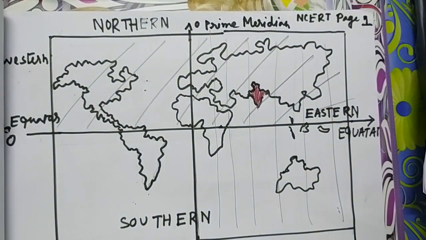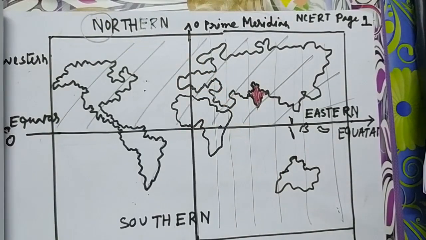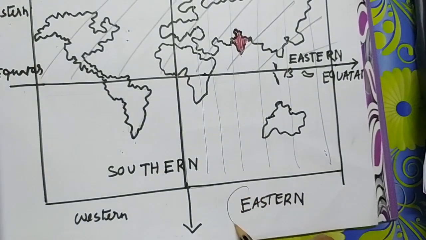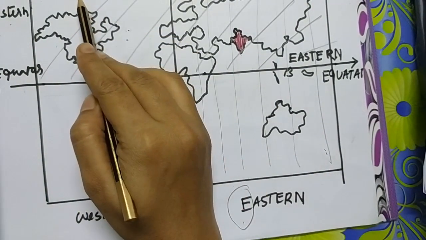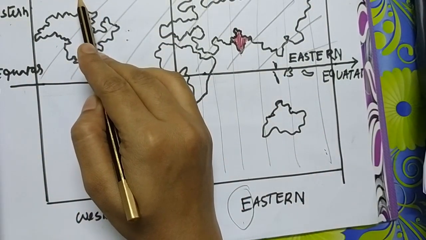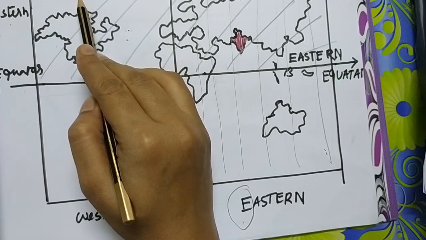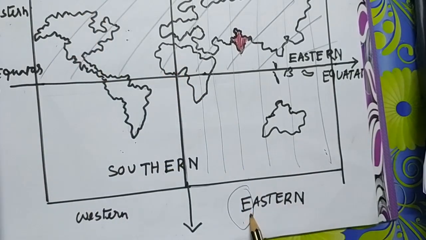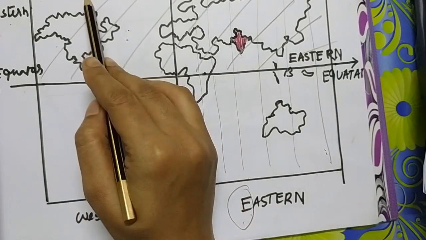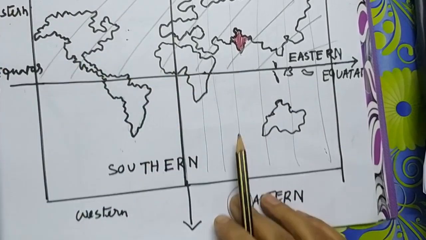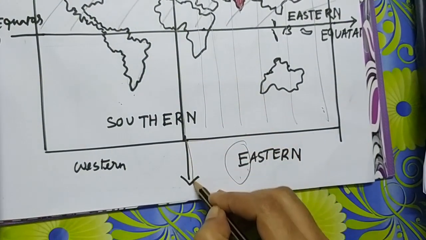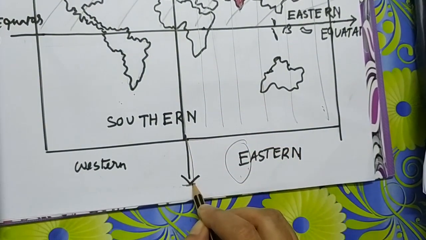That's why every place of India is marked by N and E. N is equal to latitudes, the horizontal line, and E is equal to longitudes, the vertical line.